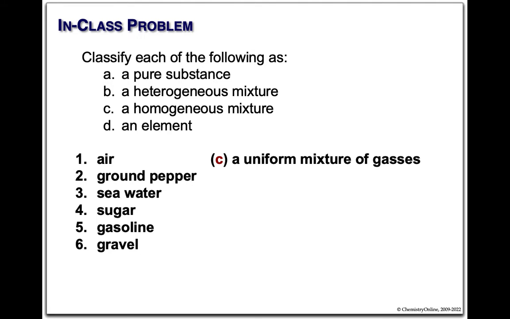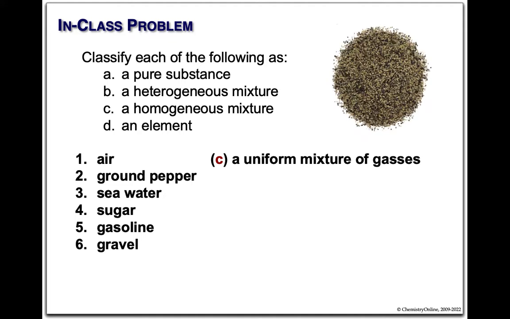Ground pepper. Take your pepper mill, grind yourself a little pile. What do you get? Lots of little gray and black and brown flecks, don't you? If you had the patience, you could sit and separate these into separate piles. This is also a mixture, but it is heterogeneous.